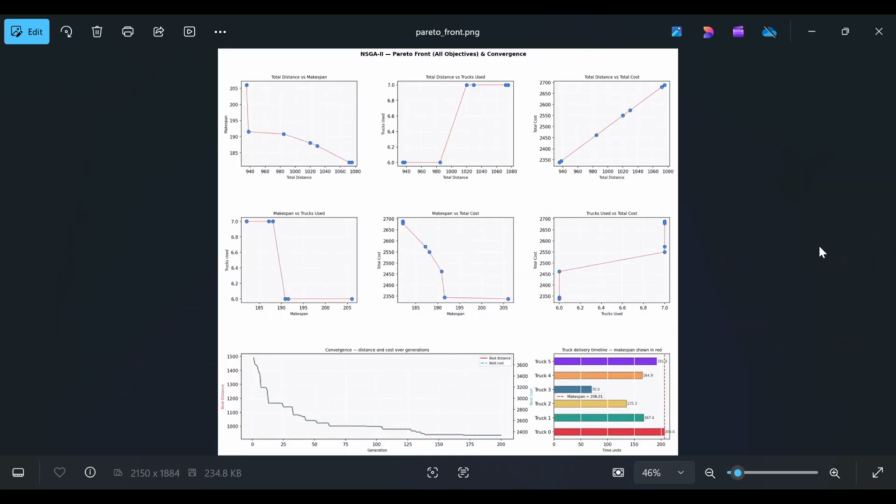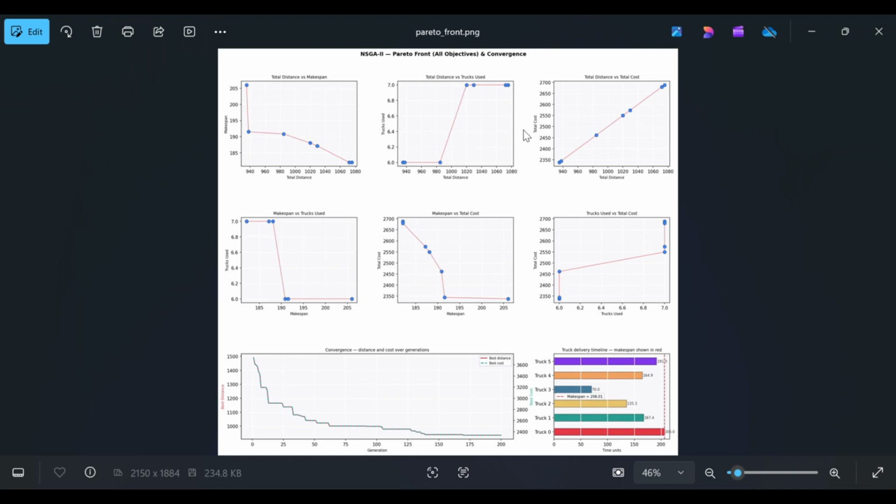This is the main analysis graph. At the top, we have 6 scatter plots, one for every pair of 4 objectives. Distance versus makespan. Distance versus truck use.